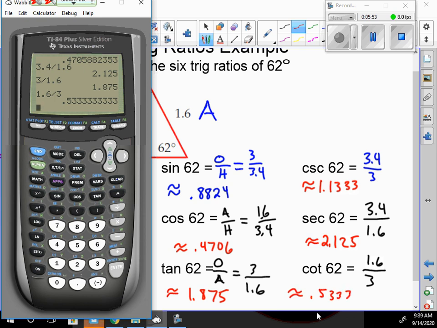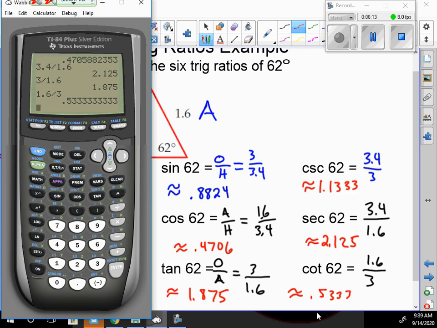Okay, so those are my actual values of my 6 trig functions once I calculate them out. So we're going to have situations now as we move through trigonometry where we don't want to relate it back to this right triangle.